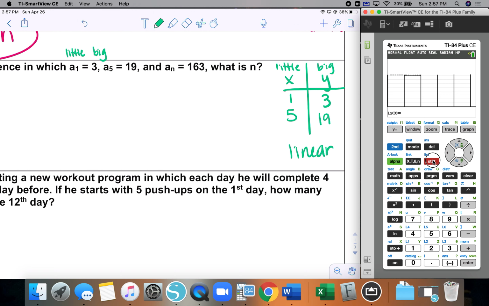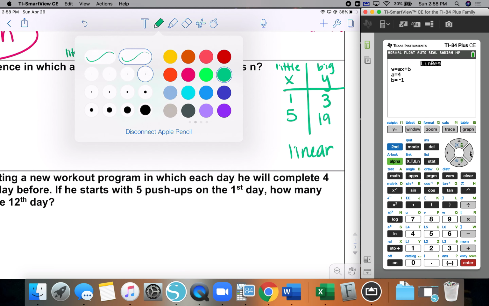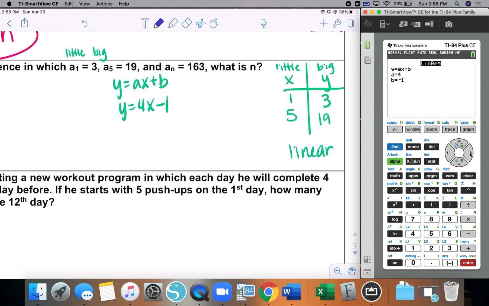So with these, I'm going to do STAT CALC option 4 and then calculate. And so I can see this linear is y equals ax plus b. A is 4, b is -1. Then from there, I can see they've asked me not just to write the function, but to identify my n, so identify x when y is 163.